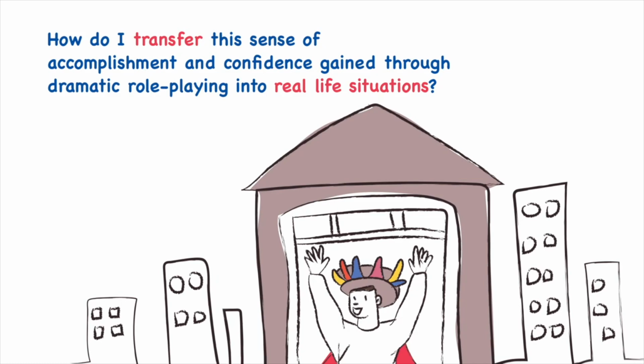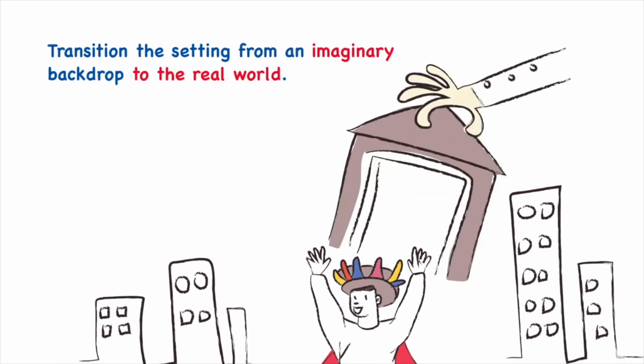But how do I transfer this sense of accomplishment and confidence gained through drama role-playing into real-life situations? So I used drama skills and transitioned the setting from a fake backdrop to real life. I took the stage away so they could continue growing their skills where they will need them most, outside the walls.